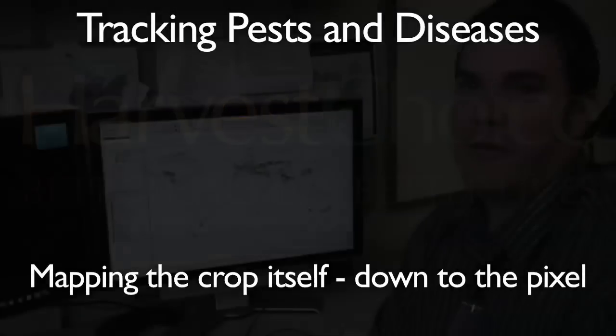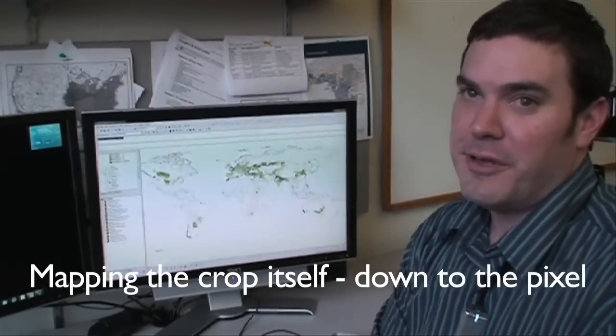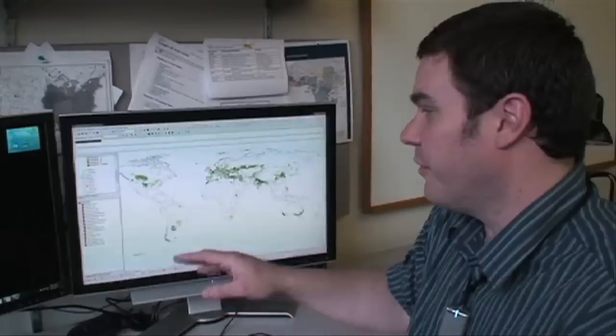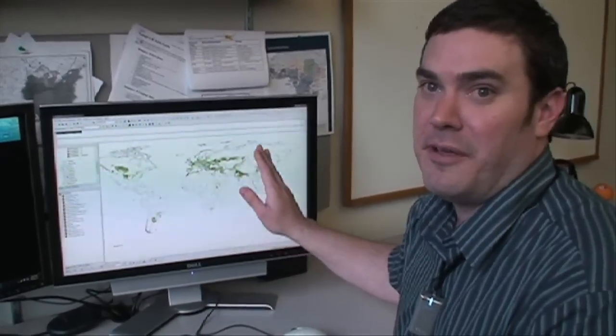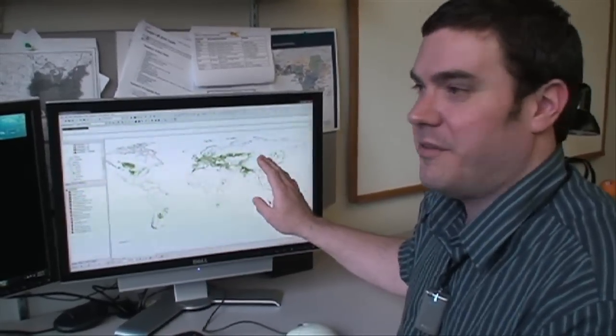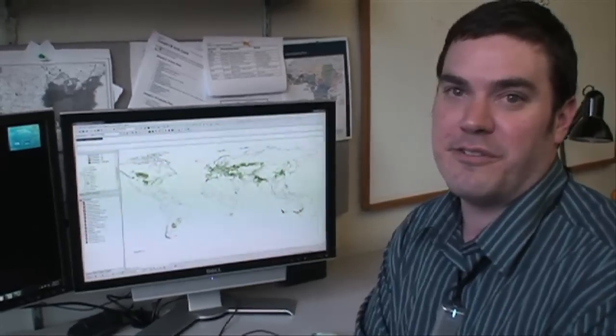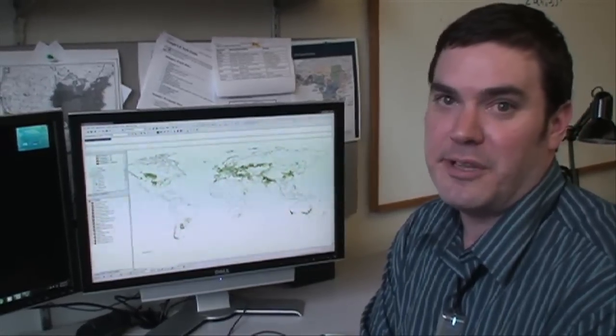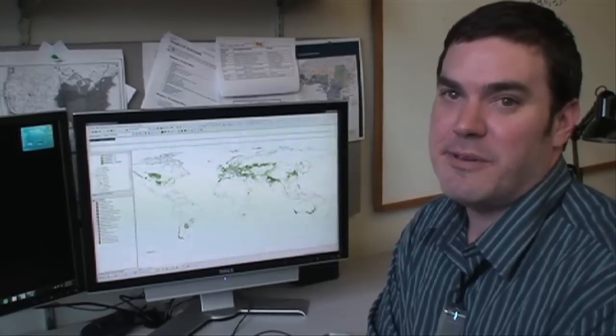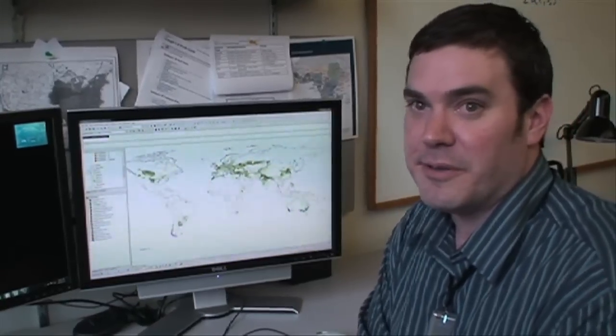In a separate effort, HarvestChoice estimates where in the world crops are grown, and this map is showing where in the world HarvestChoice thinks wheat is grown. This is done at a very high spatial scale. Typically we see crop production statistics at the state level, the province level, or maybe down to the district or county level.